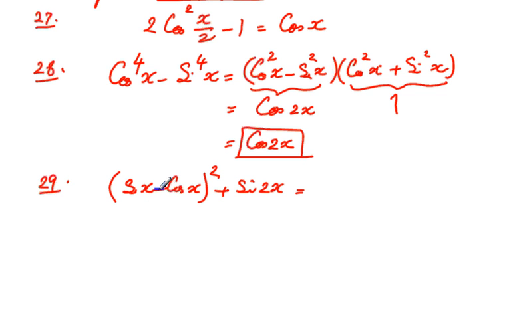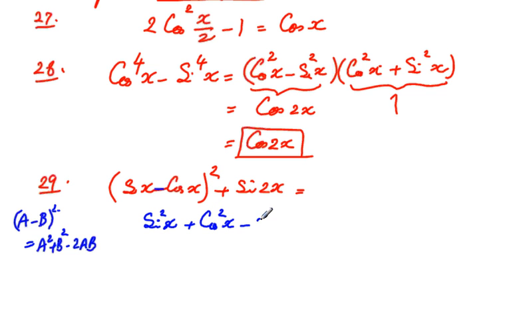This is asking you to square the difference of two items. If you have a minus b squared, what is that going to be? A squared plus b squared minus 2ab. Is that right? So let's do that here. Square of the first item, square of the second item, minus twice the first and second. And then we add the sine of 2x trailing the whole thing.